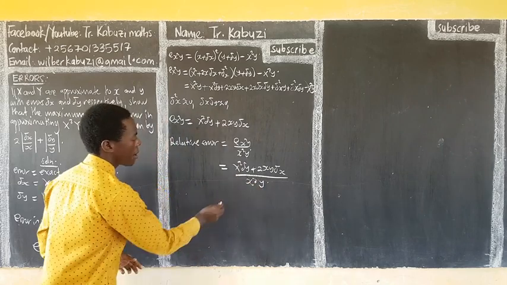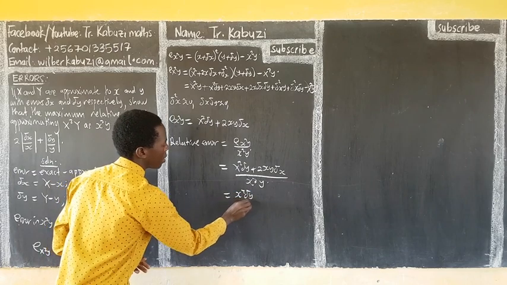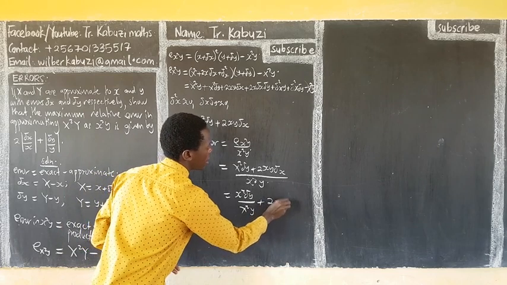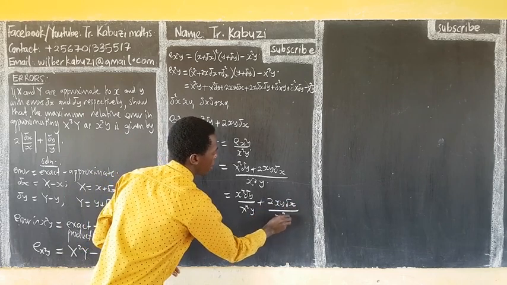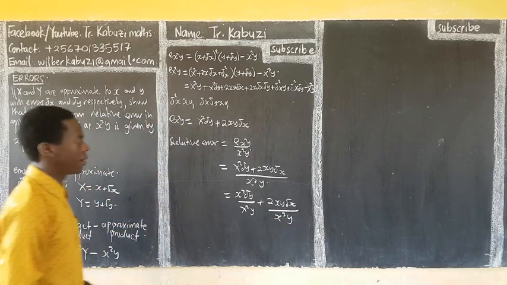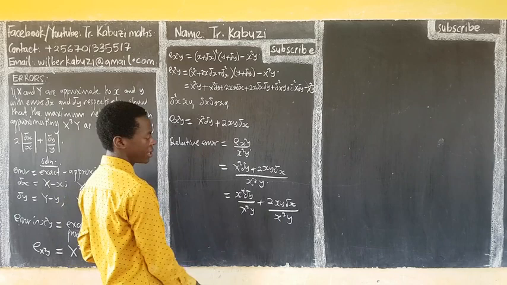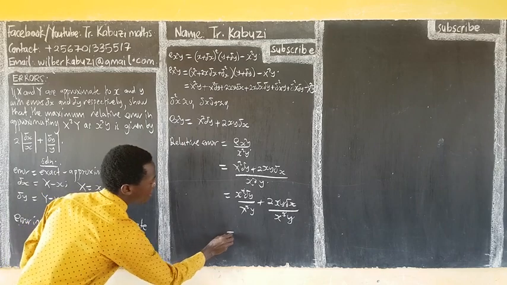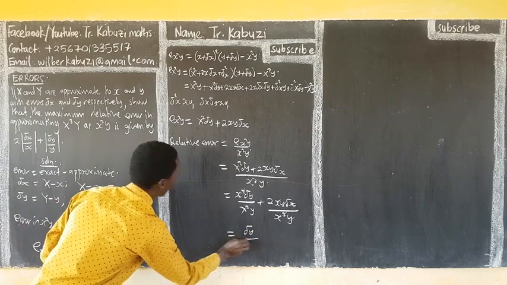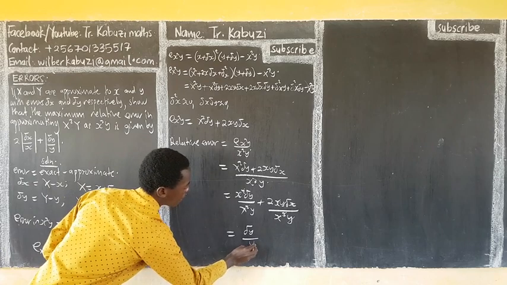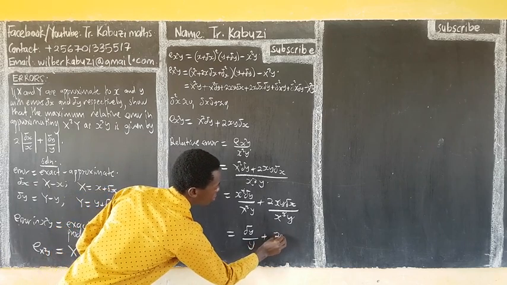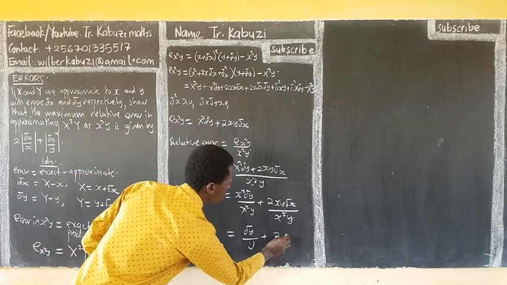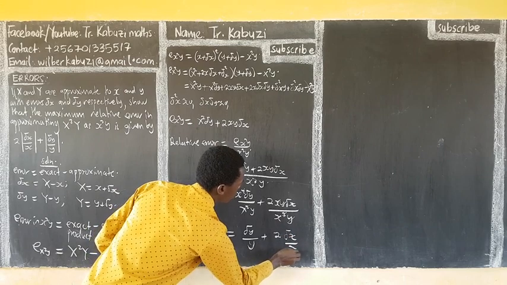Then from here, you can separate. Then plus. We are just separating, it's not anything big. This x goes with this, then this y goes with this, so that this is going to give us delta y over y, then plus 2 delta x all over x.